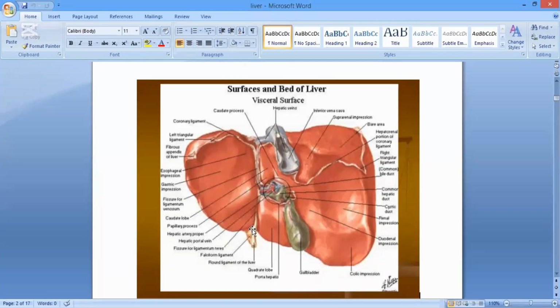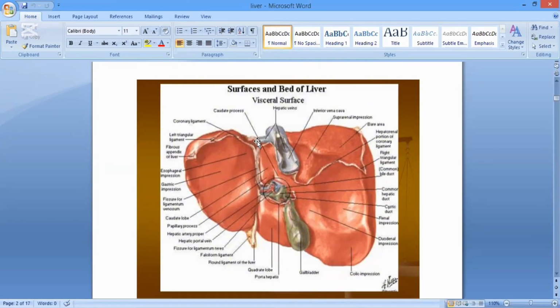So this left sagittal fissure, anteriorly, is going to have the fissure for the ligamentum teres, right? And posteriorly, this fissure is going to be continuous with the fissure for the ligamentum venosum.